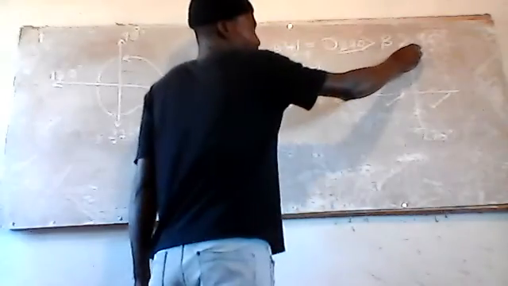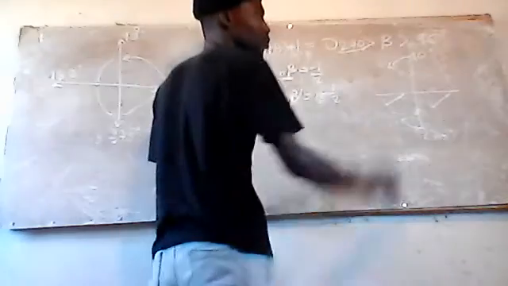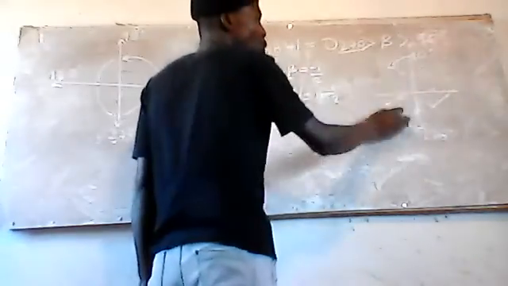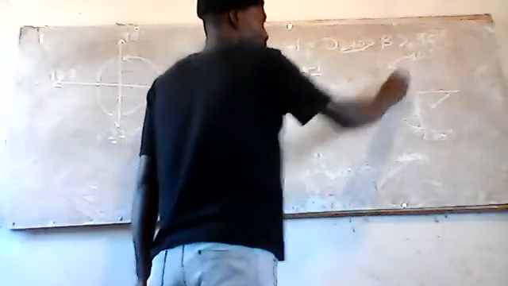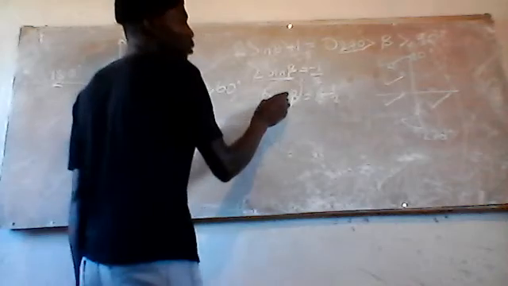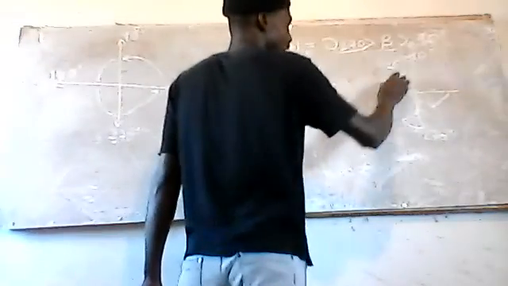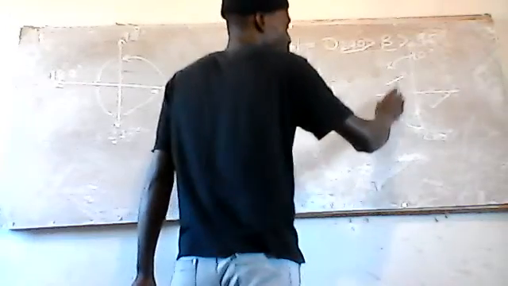They are telling me my beta is greater than 90 but less than 270. So you can see that two quadrants are implicated in that. But in order for us to conclude, we look at this, which tells us that the second quadrant and the third quadrant are implicated.